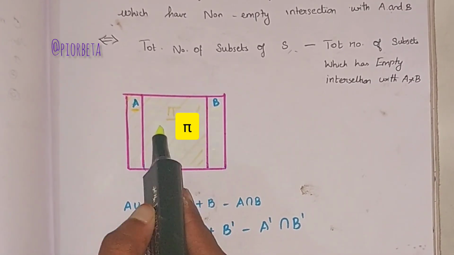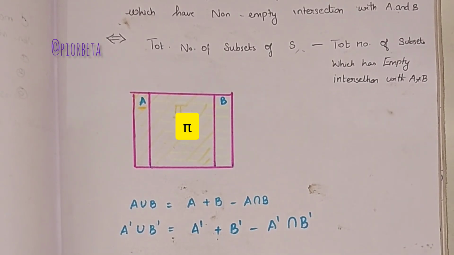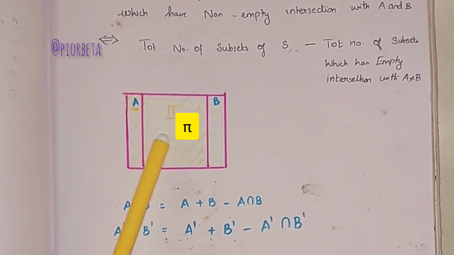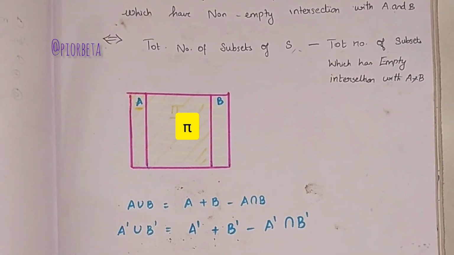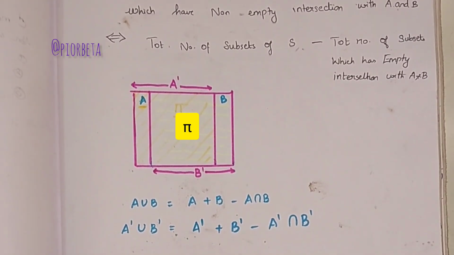But the part in the middle, pi, has been added twice. So we have to eliminate one of the pi. Let's call A with pi as A dash and pi with B as B dash, for our convenience.